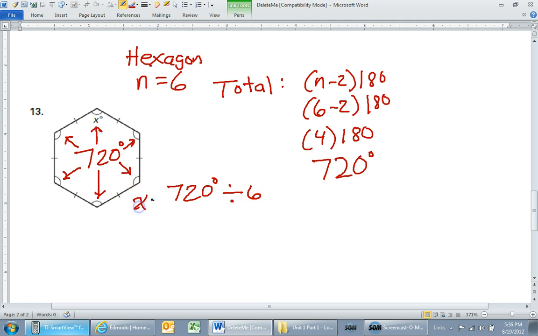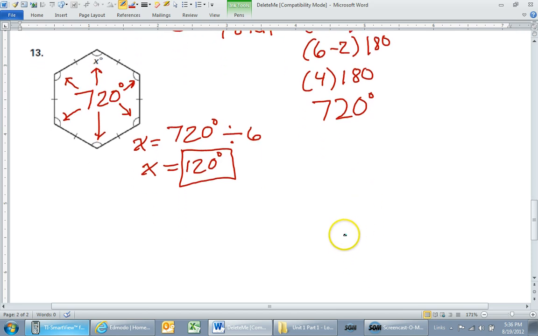That should give me x. If I do that, I'm getting 120 degrees. So that's how you would do number 13, and there were a couple more that were similar to number 13. Alright, so that should clear that up.